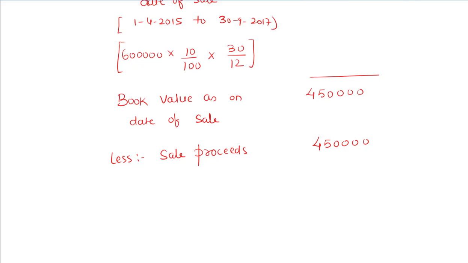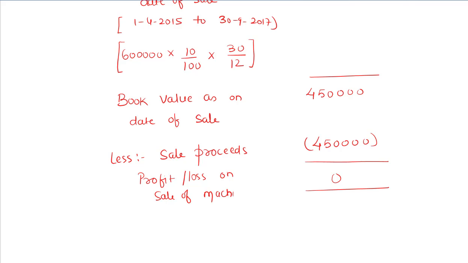Less sales proceeds, that is 4,50,000. So 450 minus 450, it is nil. So profit or loss on sale of machinery equals nil.